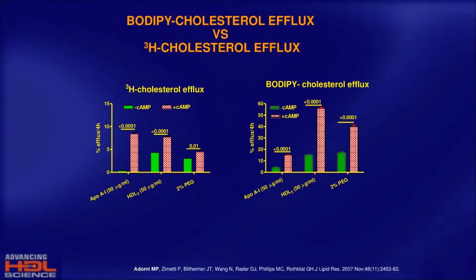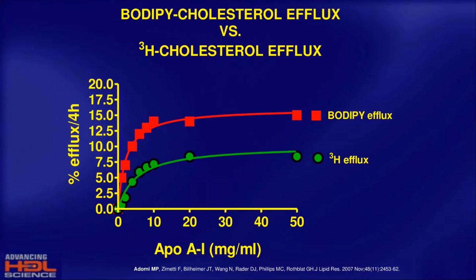The two methods were compared in the study by Adorni back in 2007 in the JLR, showing that ABCA1 efflux can be detected by both of these methods, incubating with HDL3 to increase efflux, and then also with 2% PEG.